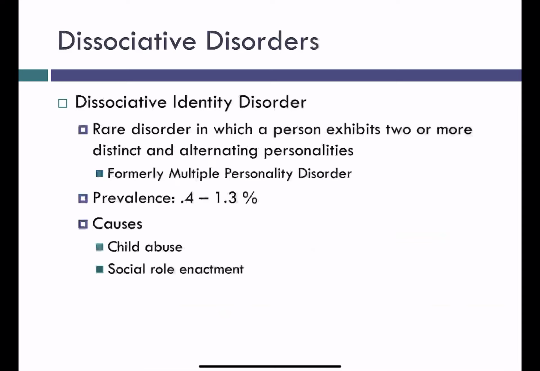Another theory is social role enactment, where you might believe that you should be the perfect employee, but you also want to be wild and crazy, and so those get separated into two actual different personalities. Sometimes these are motivated by therapists, sometimes other things, but that's another potential explanation.